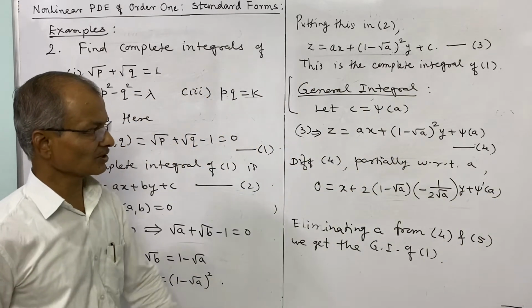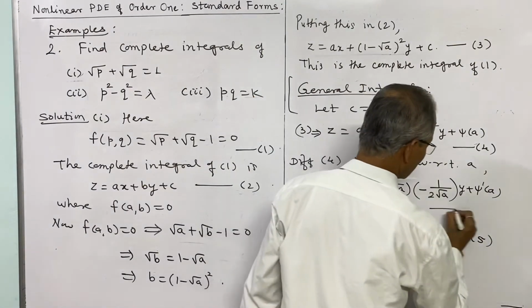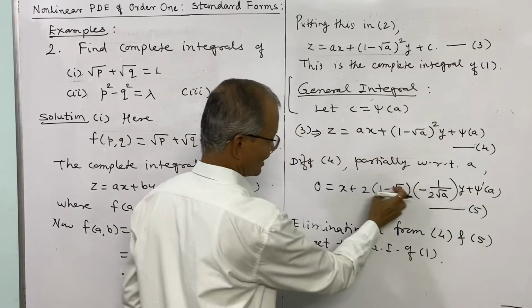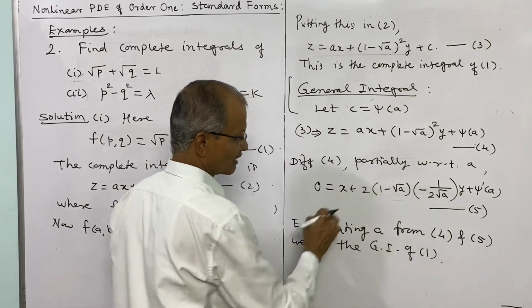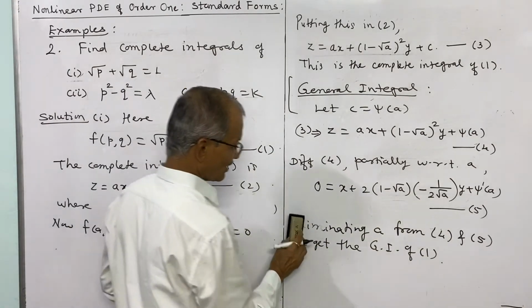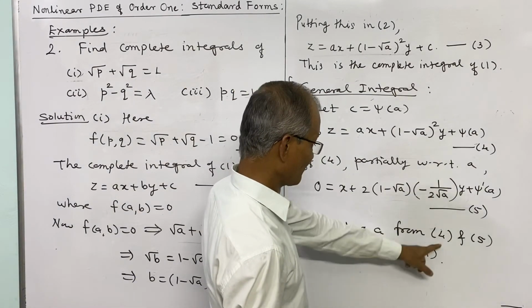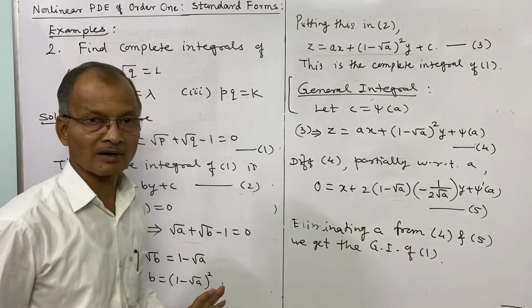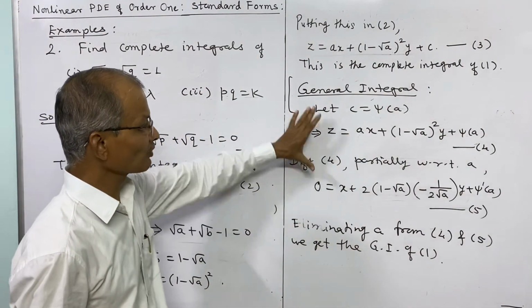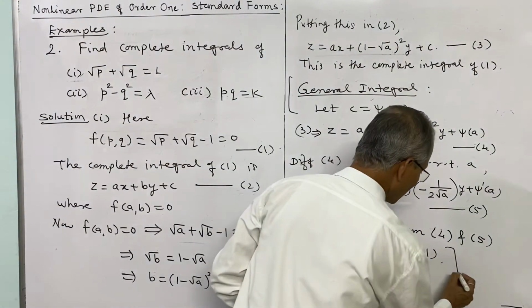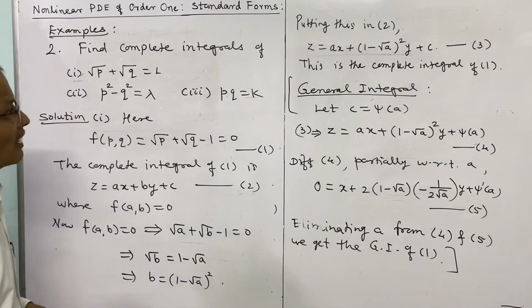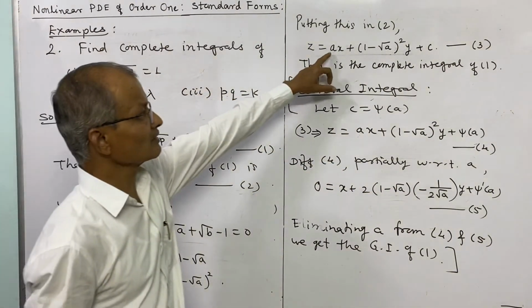Differentiation of this partially with respect to a will be our fifth equation, that can be simplified, the 2 cancels, and there is a negative sign. Eliminating a from 4 and 5, we get the general integral of 1. So this is the procedure that we have to write if the general integral is asked, and if the complete integral is asked, this is the answer.